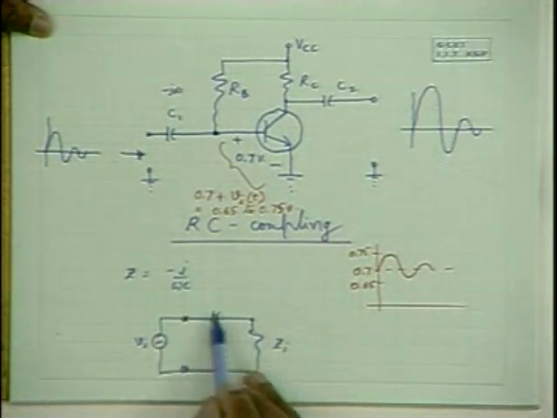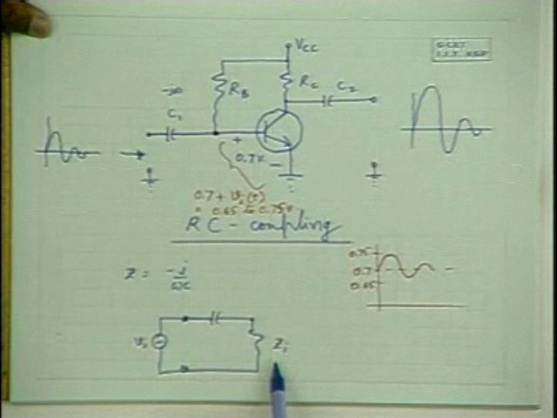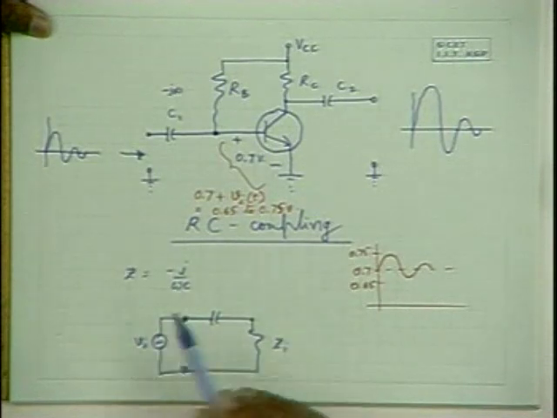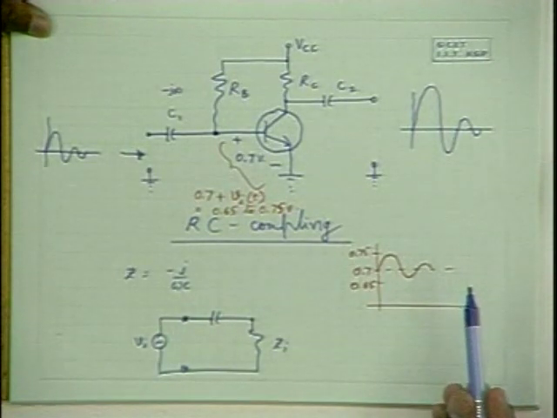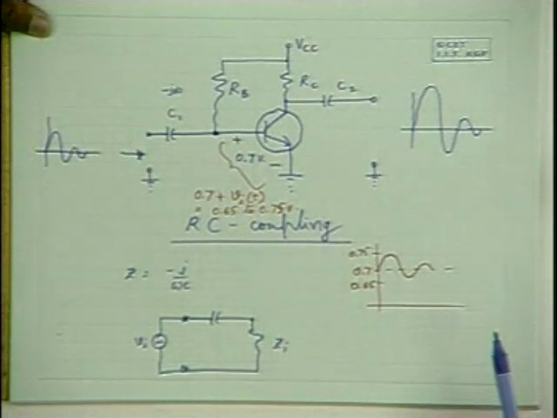And when it is equal, the voltage gets divided by 2 over here, and the overall amplification drops by a factor of 2.